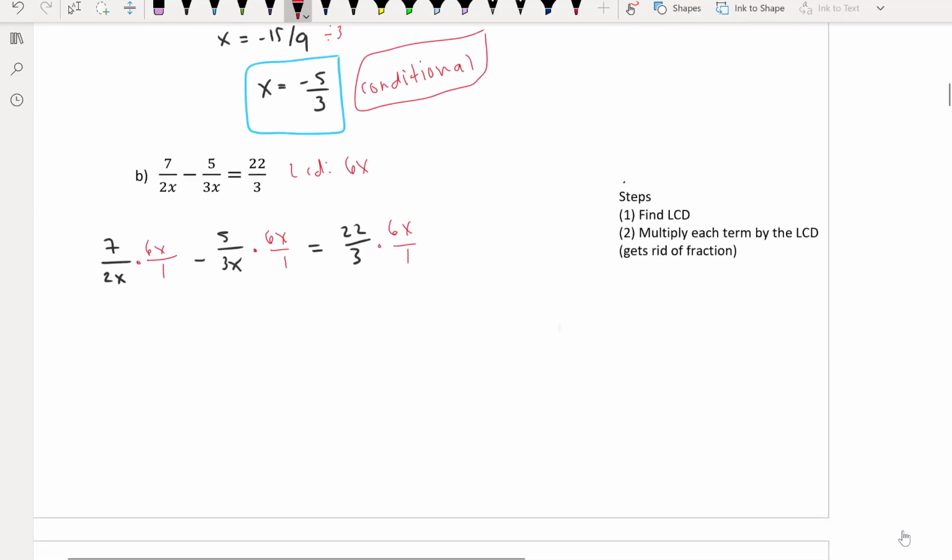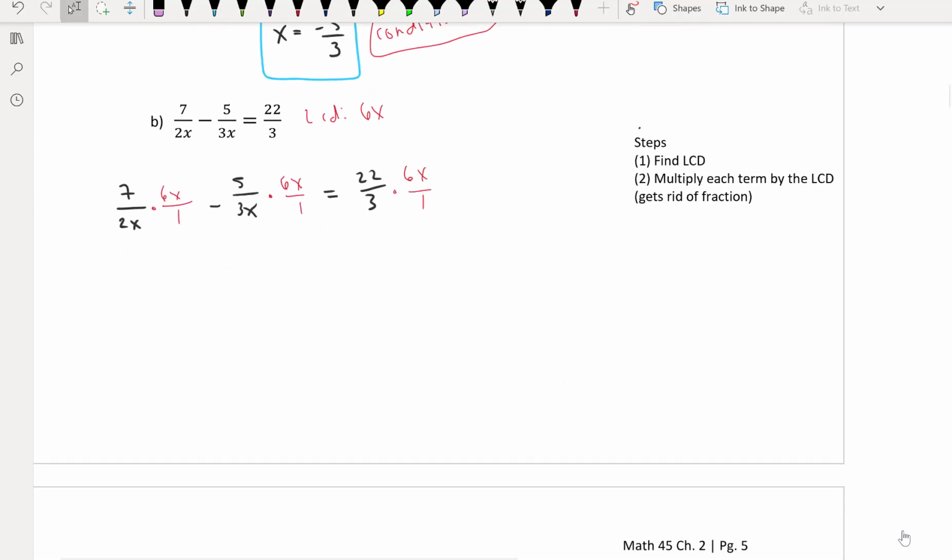So when I do that, let's see what happens. Some things are going to be able to cancel out. Well, 2 goes into 6 3 times, and the x cancels. So you're left with 7 times 3. Subtract, and over here, 3 goes into 6 twice, and the x cancels.